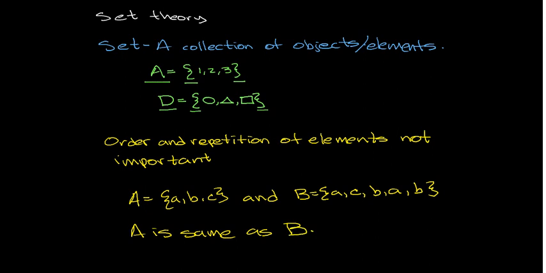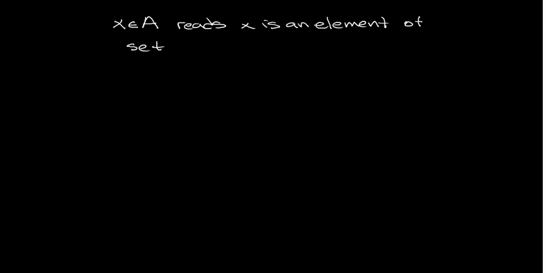Well, a little bit more of notation. We're going to write this, and it reads x is an element of the set A. So elements of the set are going to be written with lowercase letters, and as always our sets with capital letters.